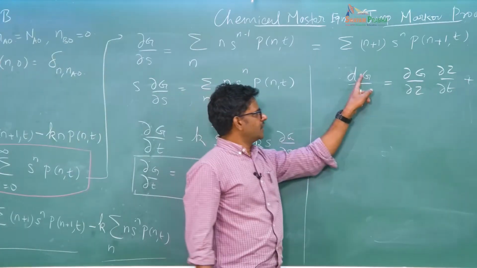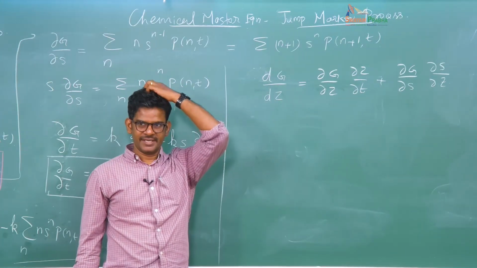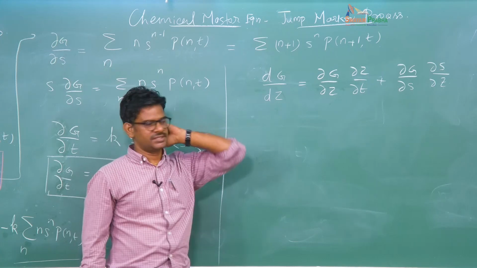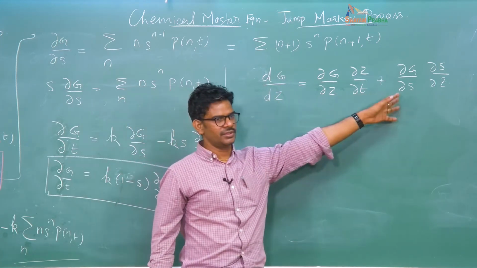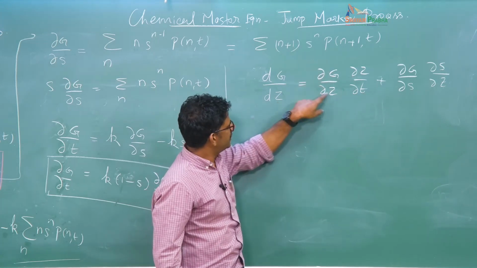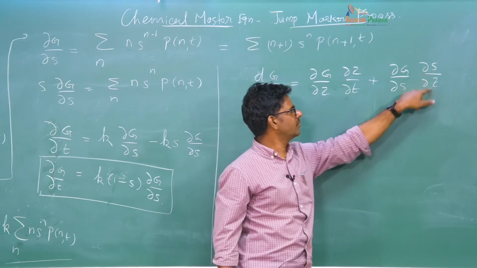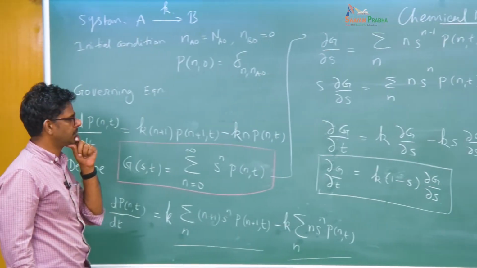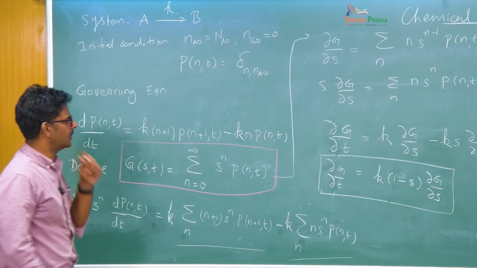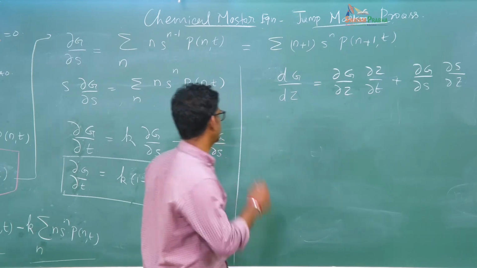G is a function of S and T, and I want to look at a new variable Z, such that I can write the derivative of dou G by dou Z using the chain rule. I look at dou G by dou T times dou T by dou Z, plus dou G by dou S times dou S by dou Z. Sorry, this should be, yeah, correct.